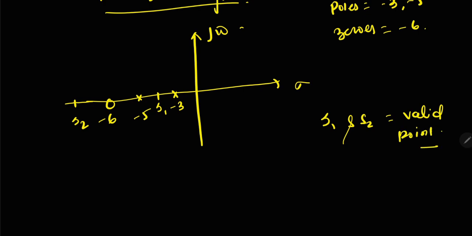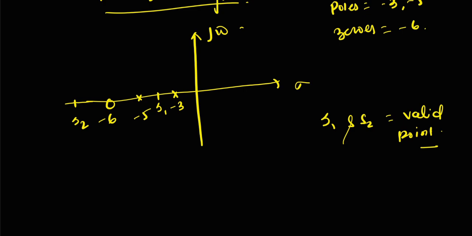How to find the valid point? That is all basic concept, because root locus is divided into two categories: first is complementary root locus, that is inverse root locus, or direct root locus.